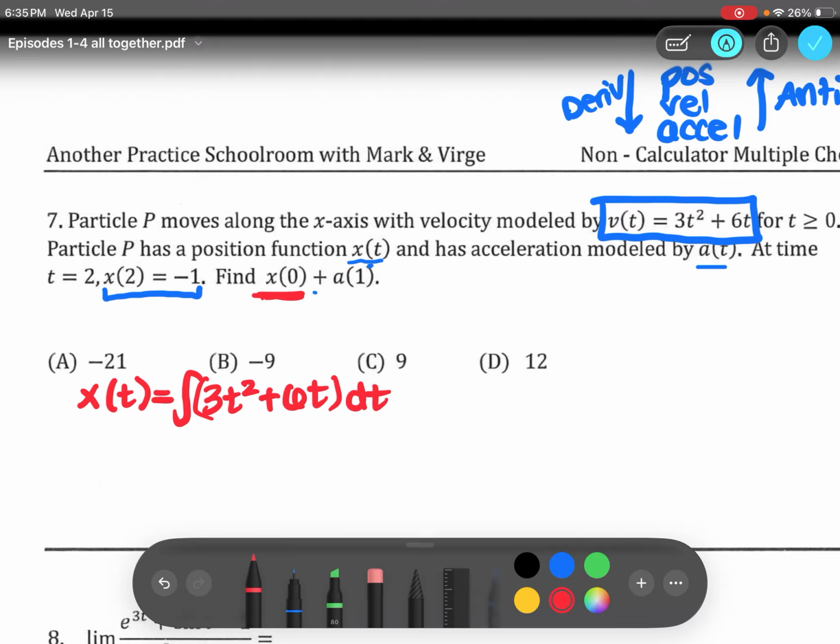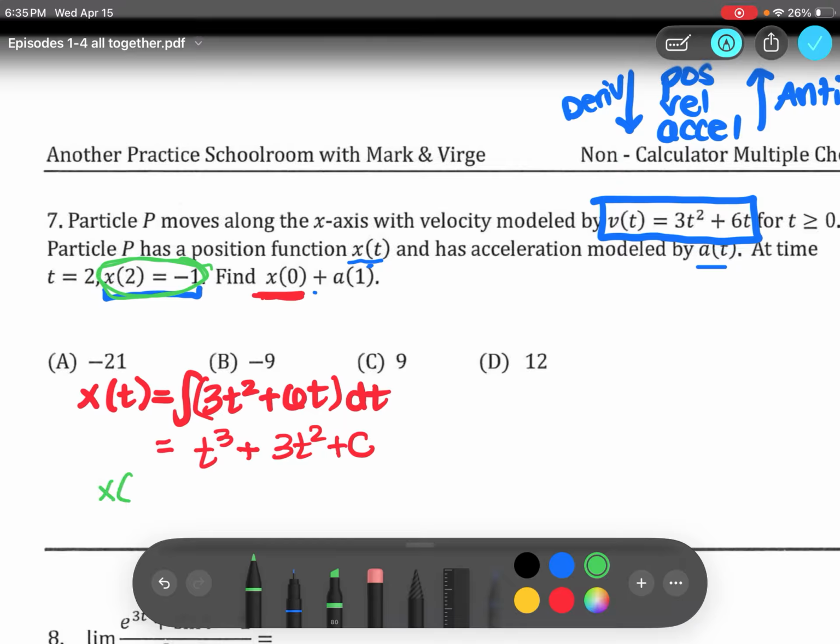And then when I take this antiderivative, it's going to become just t cubed plus, this is going to become 3t squared, and I'm going to put plus c on the end. And then I have this initial condition that I can use. They told me that x of 2 is equal to -1.